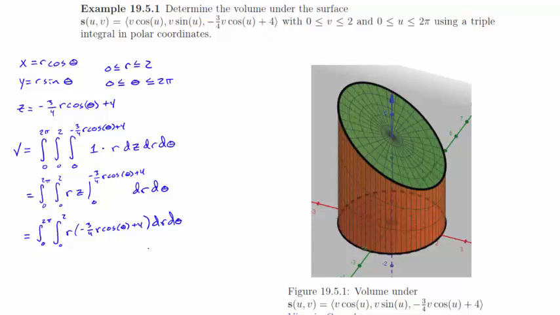And so we can go from here, and we do have thetas and r's being mixed together, so I can't really separate things out right now, at least not as I'm seeing it. So this is the integral from 0 to 2 pi of the integral from 0 to 2 of negative 3/4 r squared cosine of theta plus 4r dr d theta. And let's go ahead and go over a column here.